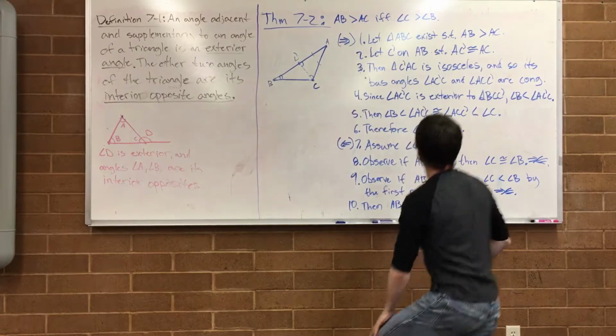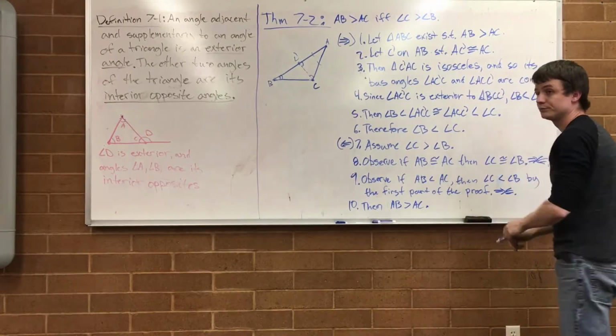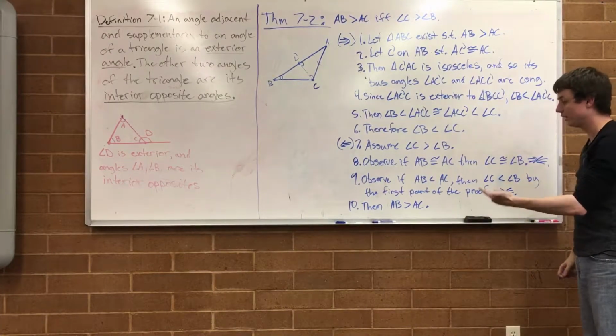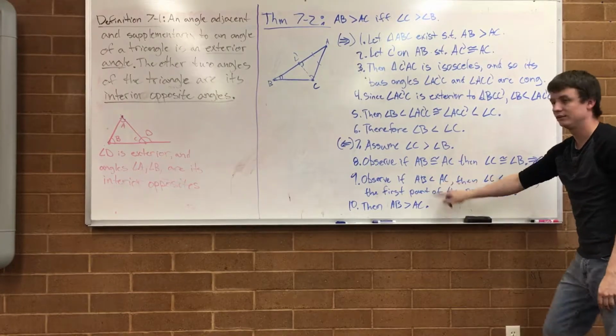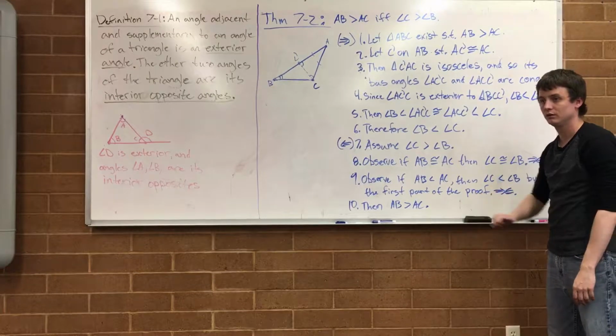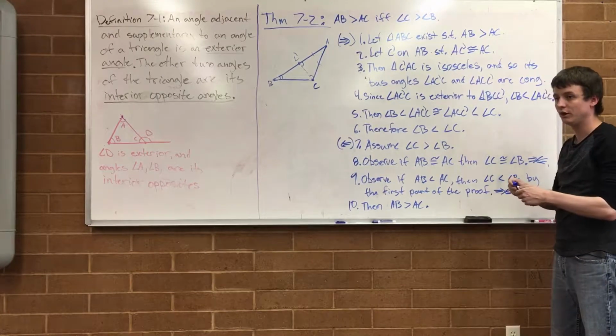It has to be one of them. It has to either be less than AC, congruent to AC, or greater than AC. If it's not congruent to it, and it's not less than it, it has to be greater than it. You follow the logic of that one?